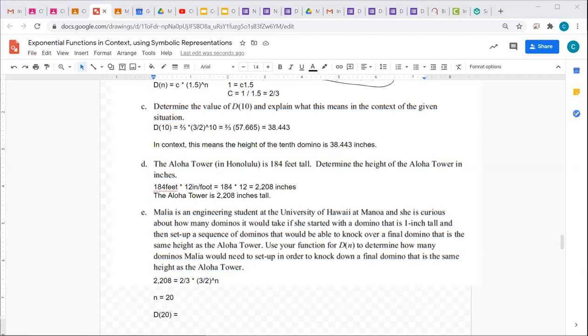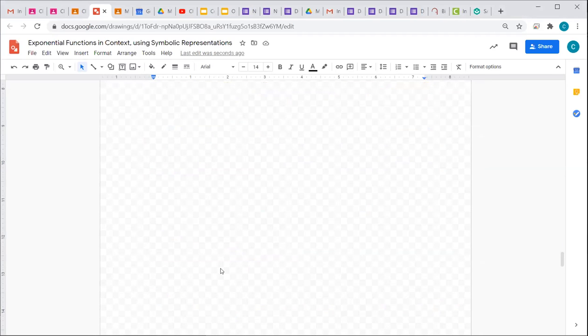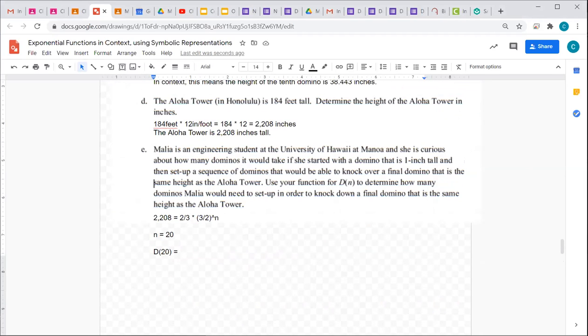That is not correct. 2 divided by 3 times 1.5 to the power of 20 is this number. So I'm going to write that out. Oh, you can't see the calculator. I just realized that.